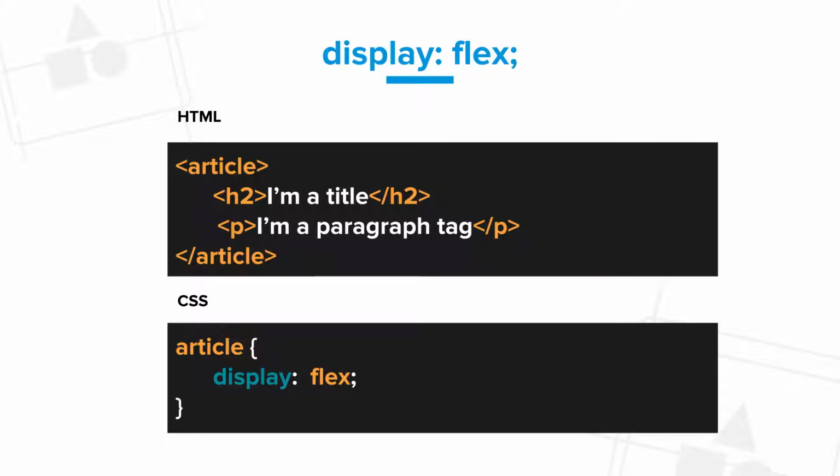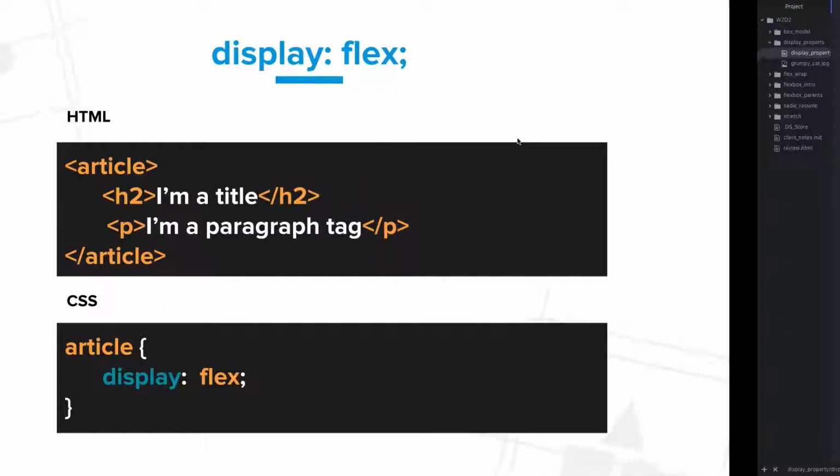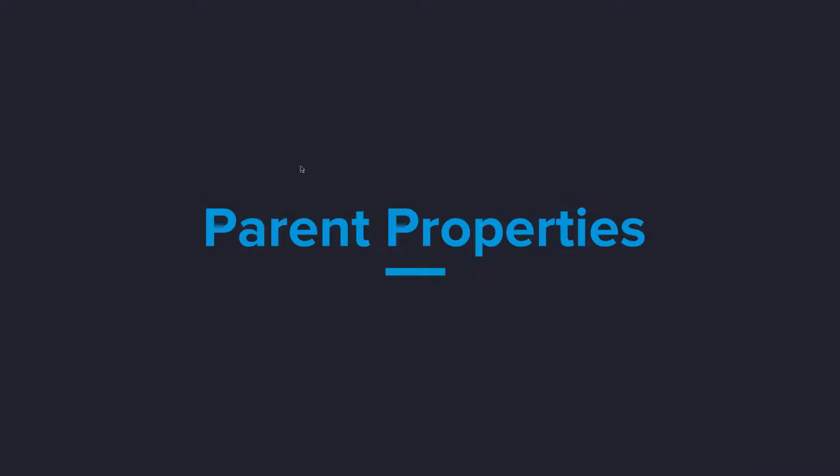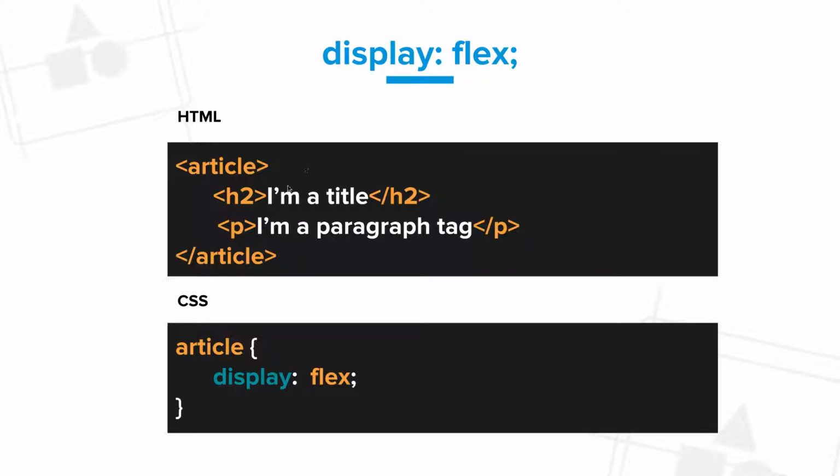Cool. So, the first thing we do with Flexbox is, actually, okay, to have a Flexbox, you have to have a parent element, and that element has to have child elements.